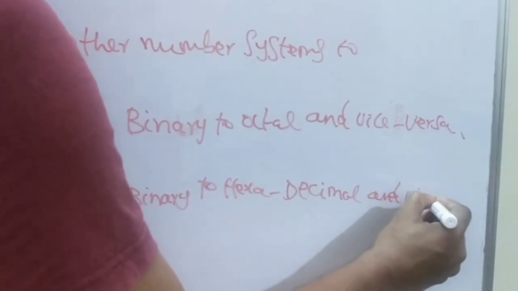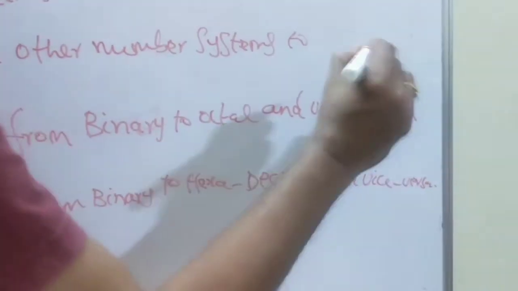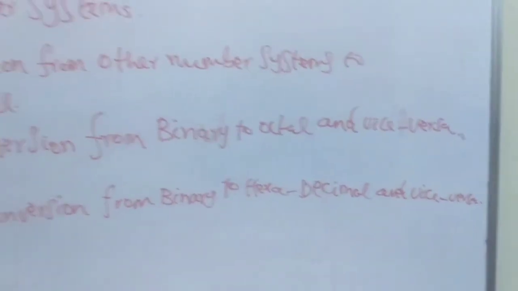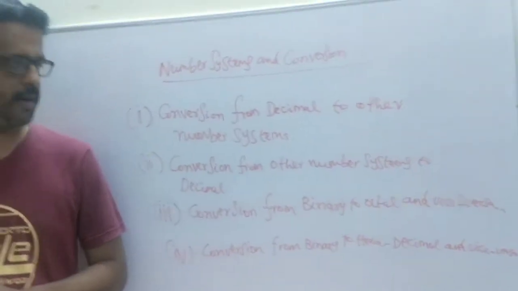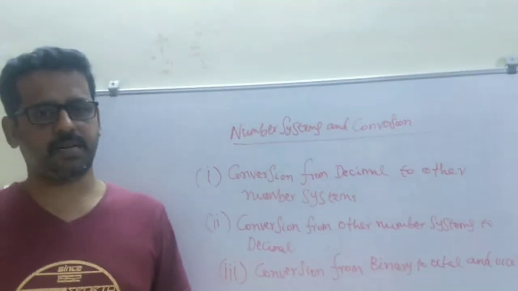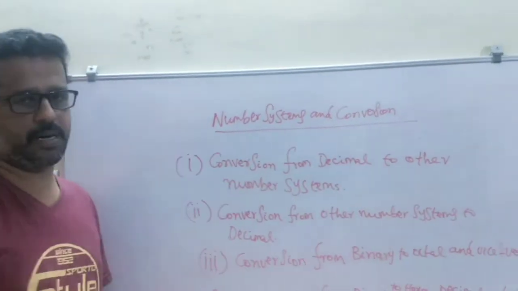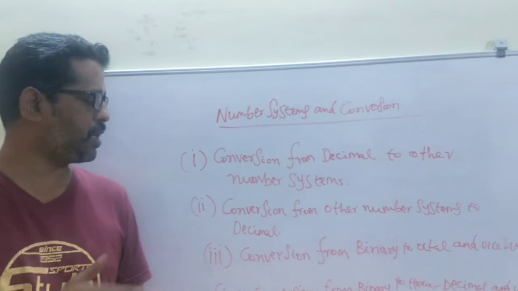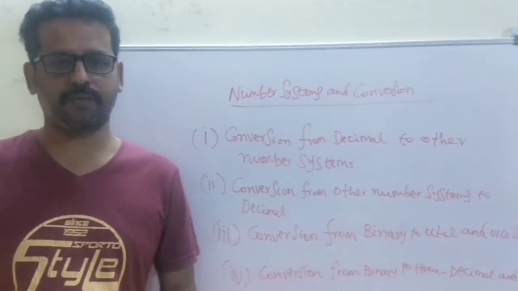Vice versa means the reverse, that is conversion from hexadecimal to binary. These are the four general categories of conversion. As far as today's lecture is concerned, we are going to take up only the first two conversion categories. The rest of the two conversion categories we'll see in subsequent video lectures.